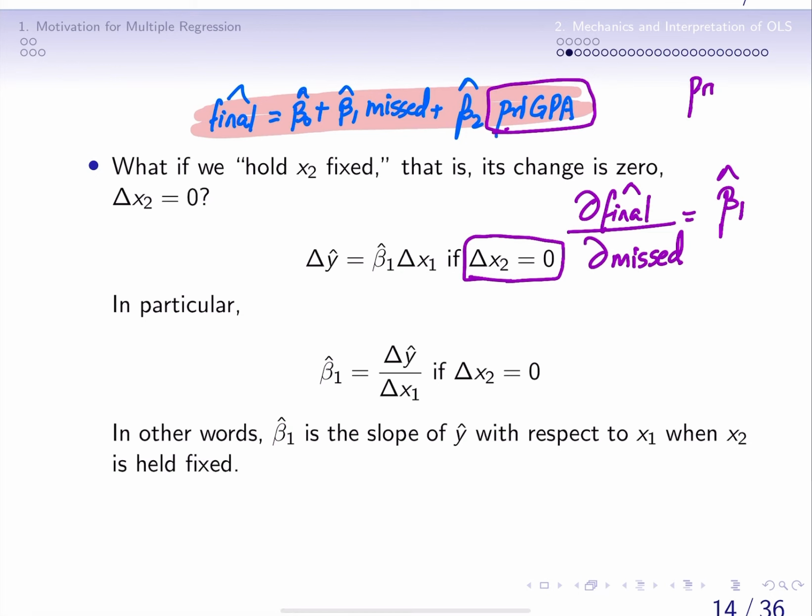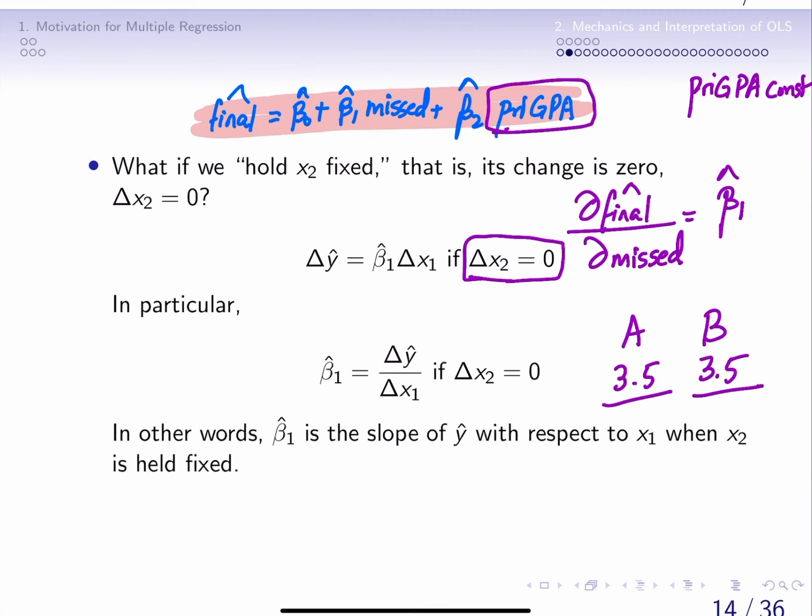If prior GPA is constant, we take two individuals, person A and person B, and these are the only two people in our sample, and let's say their prior GPA was 3.5. We are holding their prior GPA constant, and the only thing that's allowed to change is how many lectures they missed.